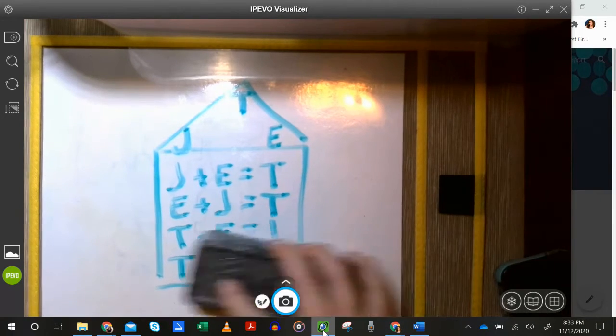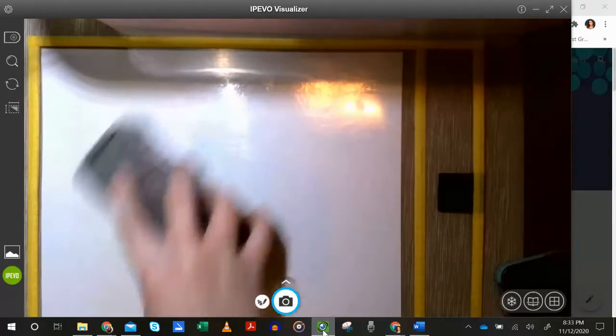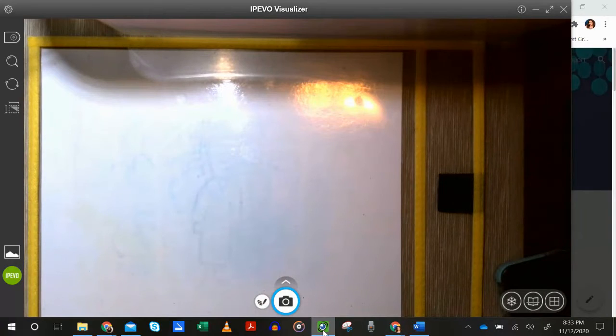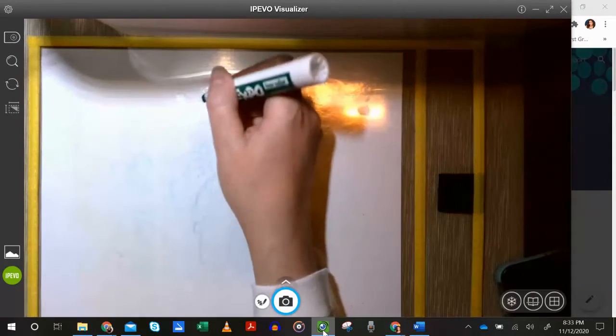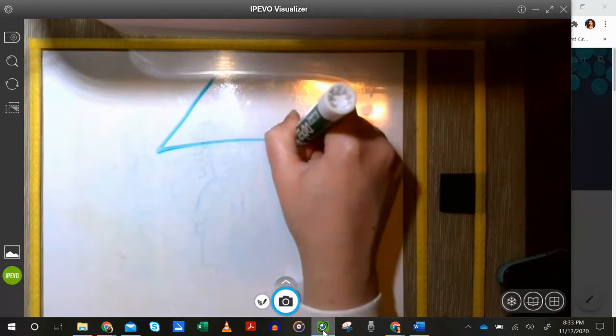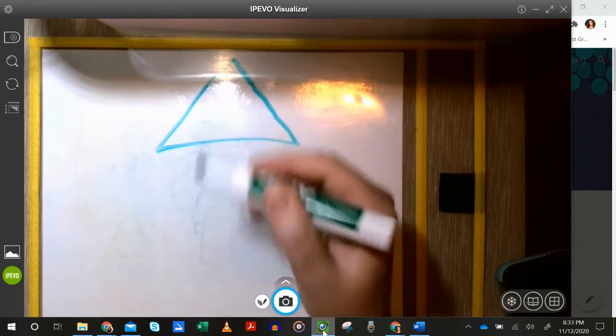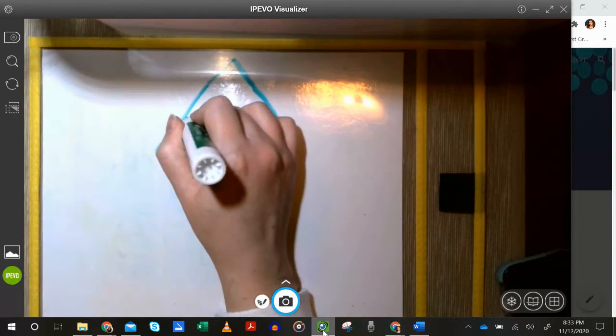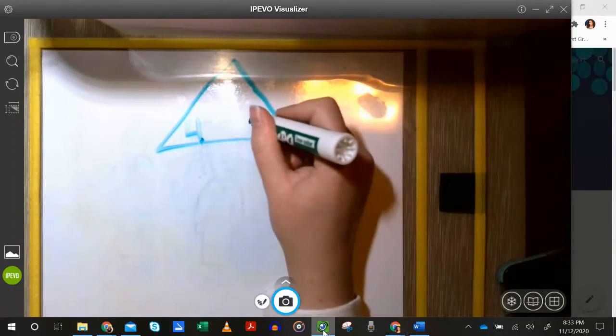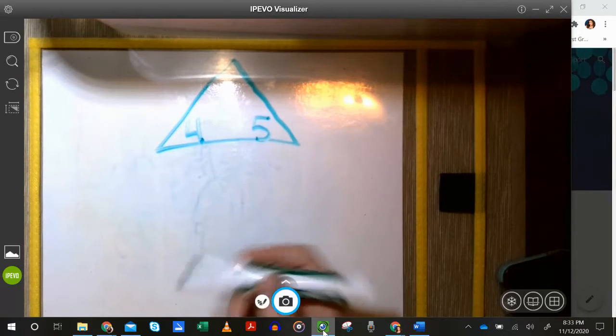Okay, just like Jackson and Emily make up a family, there are certain numbers that make up families as well, and that's what we're going to be looking at today. Okay, so for example, there might be a house that has the number 4 living there and the number 5 living there.